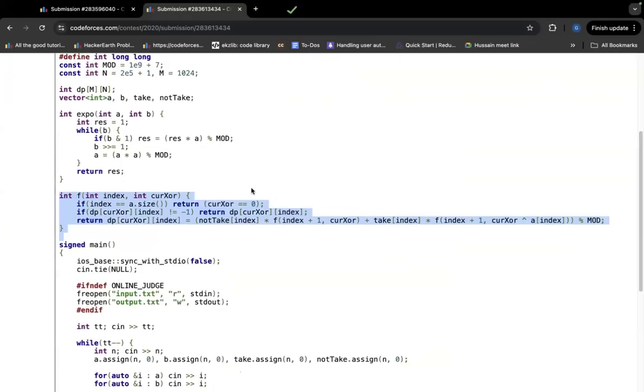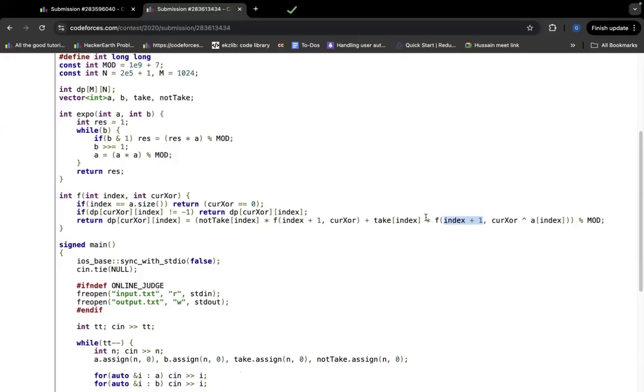And why is this giving MLE? Because the size of this array is 10 raised to 3 plus 2 raised to 5, which is 2e8. Do you see, guys, that DP of XOR comma current index is dependent on only the next index, yes or no? Tell me. It's only dependent on the next index, correct?